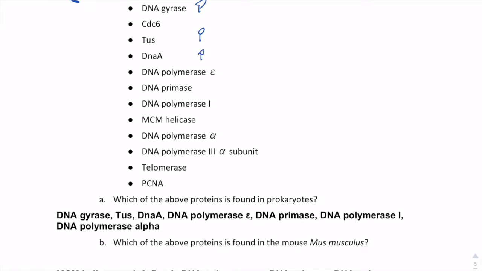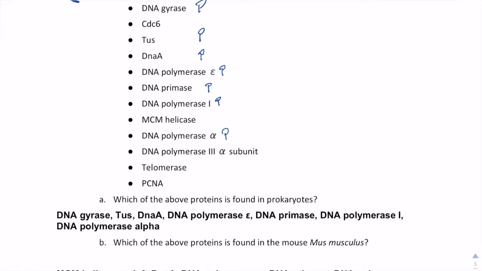DnaA is found in prokaryotes. DNA polymerase epsilon, that's found in prokaryotes from the reading. DNA primase is found in prokaryotes. DNA polymerase 1 is found in prokaryotic cells, as well as the DNA polymerase 3 alpha subunit. The DNA polymerase alpha subunit is found in eukaryotic cells. And so those are the prokaryotic proteins.